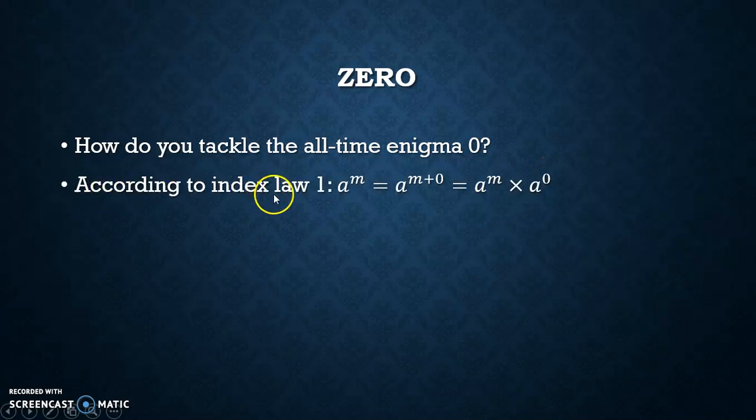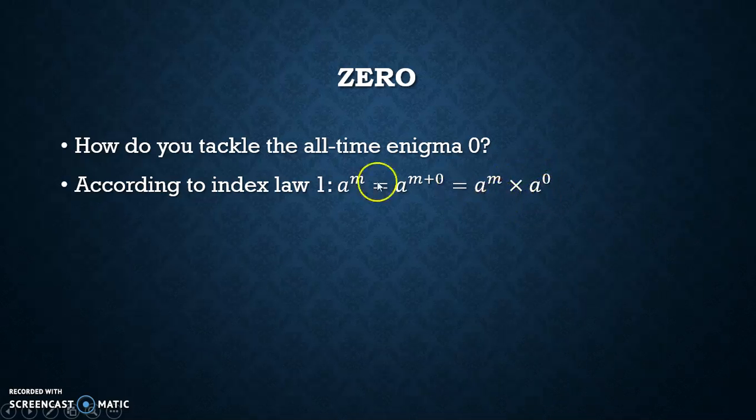For example, according to index law number 1, a to the power of m, we can view it as a to the power of m plus 0, because m plus 0 is m, right? So 0 can be added to any number. And according to law number 1, that can be written as a to the power of m multiplied by a to the power of 0.